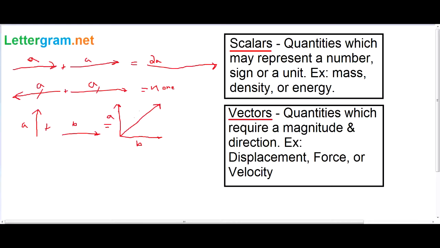Now to get this C right here, we use what we know from geometry and do the square root of A squared plus B squared equals C. Since this is technically a right triangle, we can move this A over here, and this would be a right triangle.